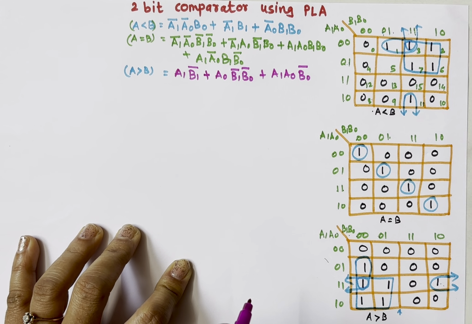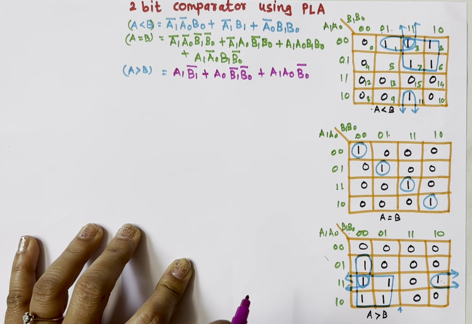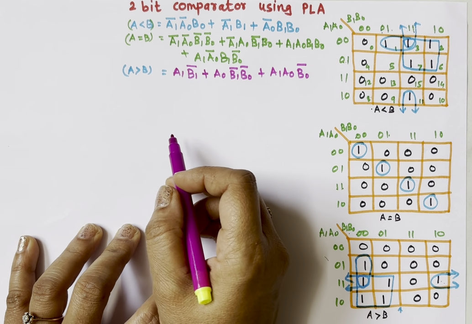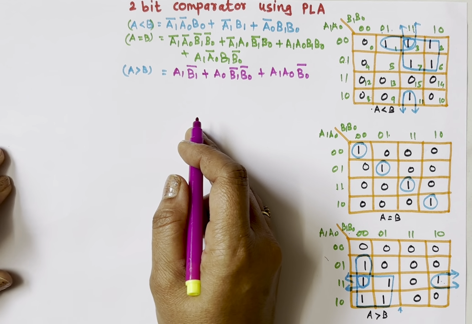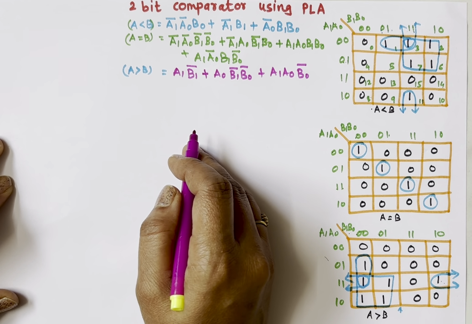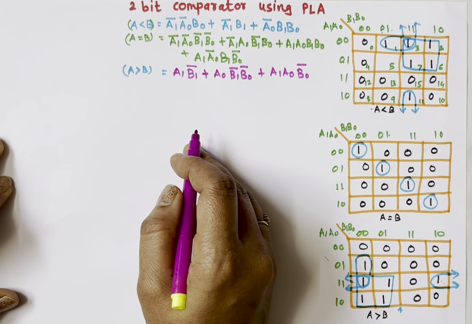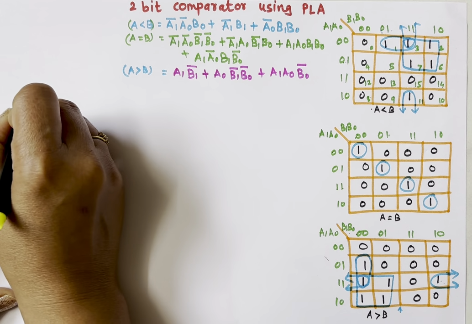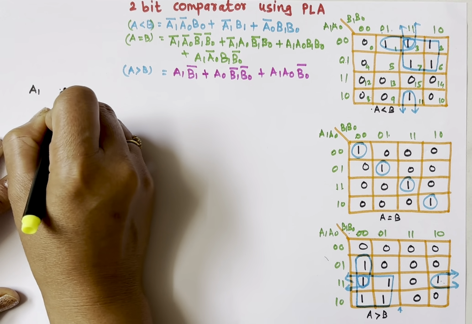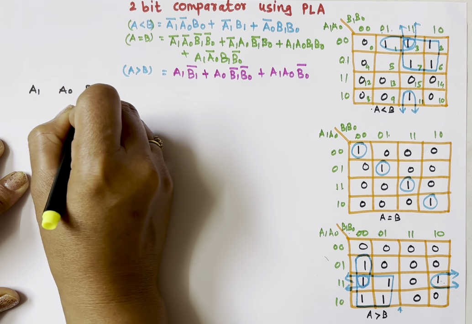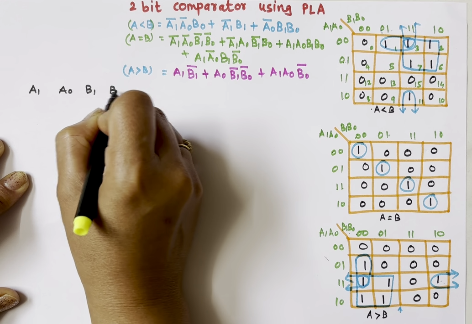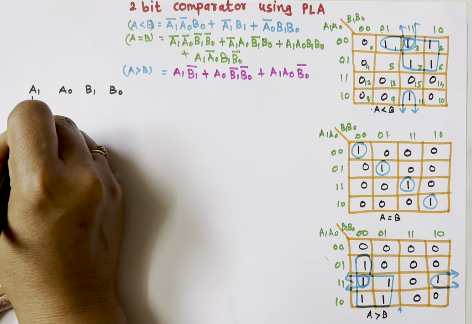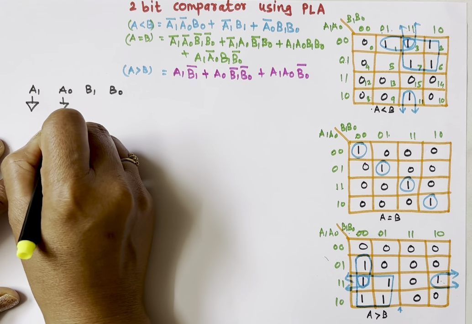So, let's start implementation using PLA. Here, we have 4 inputs. So, I'll connect those inputs through buffers so that I'll get true terms as well as complements of them. So, I'll take A1 first, then A0, B1, and then B0 through buffers.